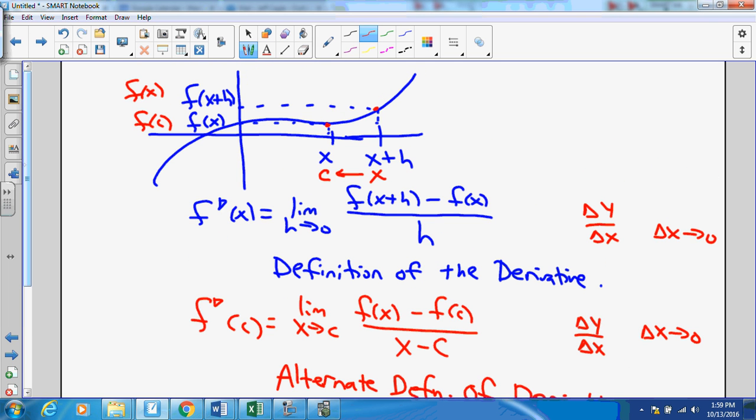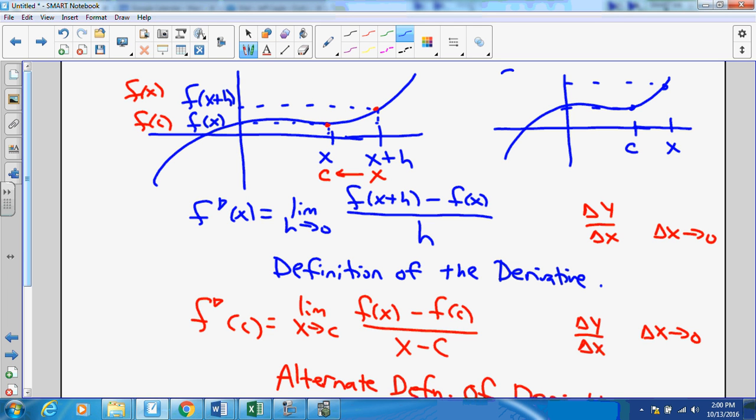And if you want to keep your head straight about either one of these, draw yourself the standard picture that I've drawn right here. Let's everybody do this in our notes. Here's your f of x. Take your one point and label that something. For example, label it c. Take your other point, label it something, x. As soon as you do, the y coordinates are set.